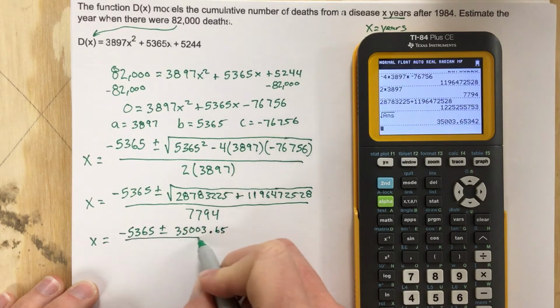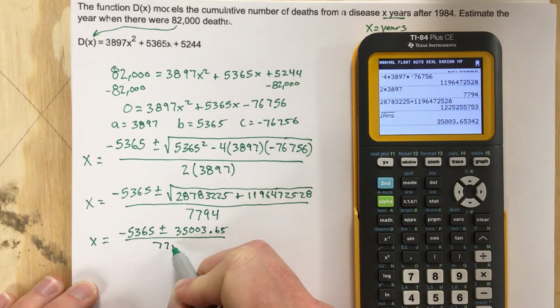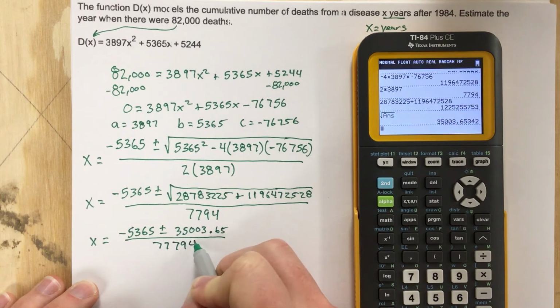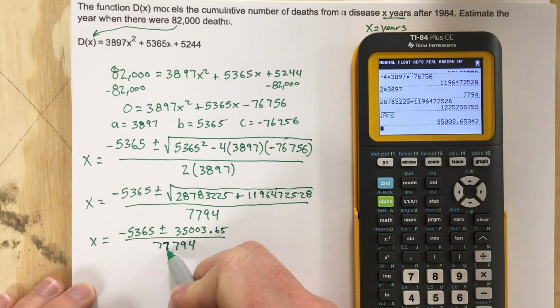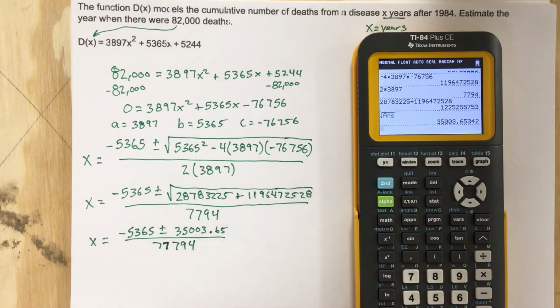That's all divided by 7,794. Now there's one piece of this that we can ignore. Our year is going to be positive. Because we'd have to do negative 5,000 minus 35,000, we're going to ignore that one.